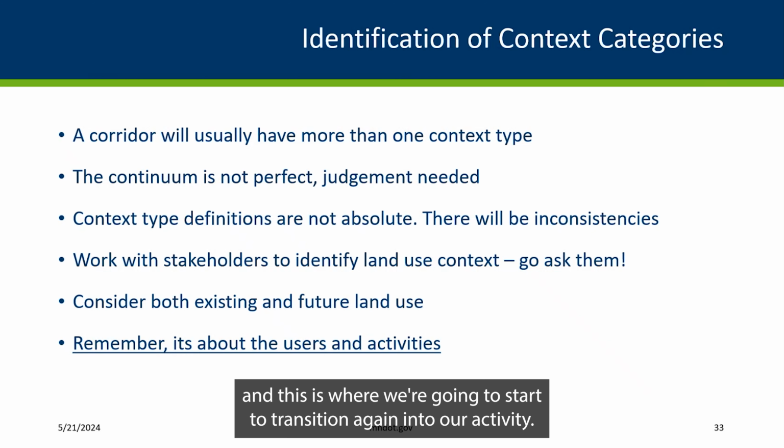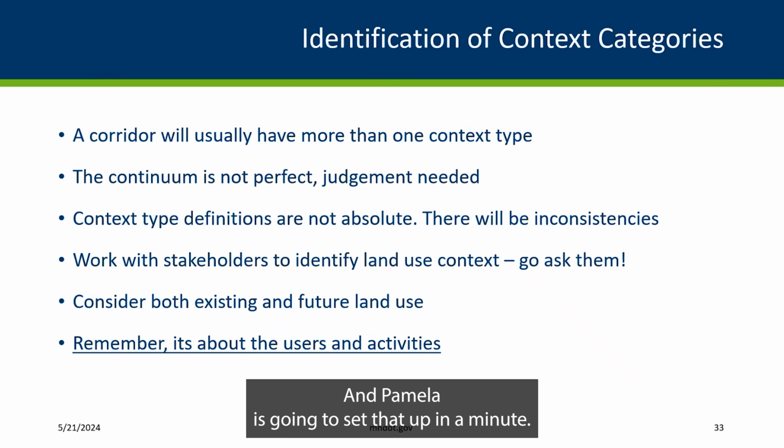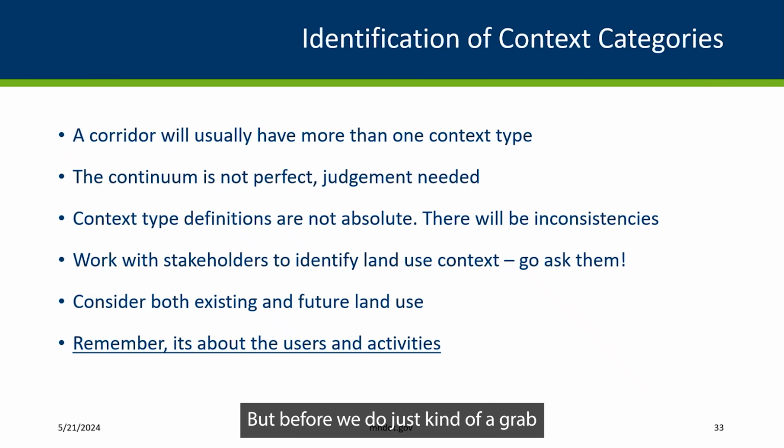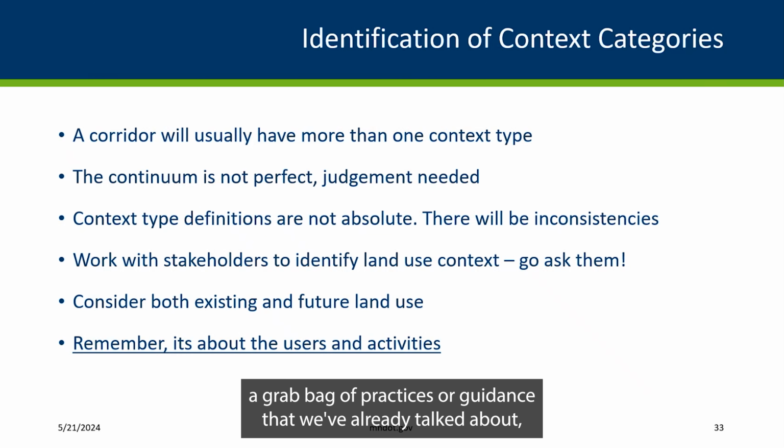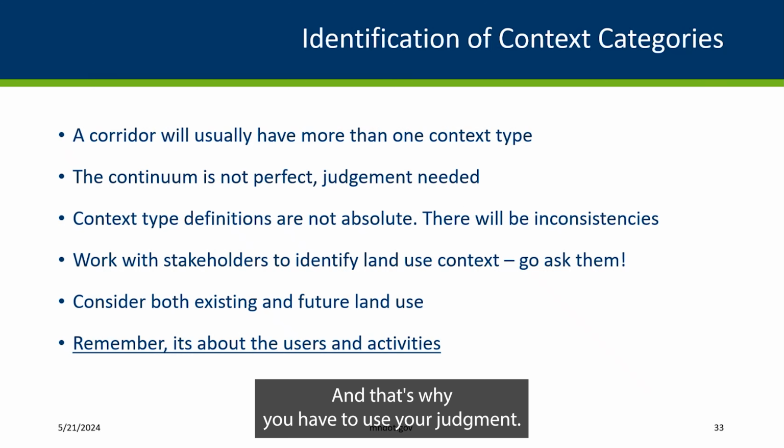And this is where we're going to start to transition and get into our activity. We're going to ask you to do this, and Pamela's going to set that up in a minute. But before we do, just a grab bag of best practices or guidance. We've already talked about a lot of these, but you're never going to have a perfect corridor that fits cleanly into a category, and that's why you have to use your judgment.